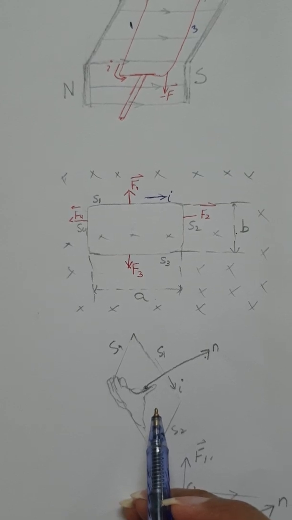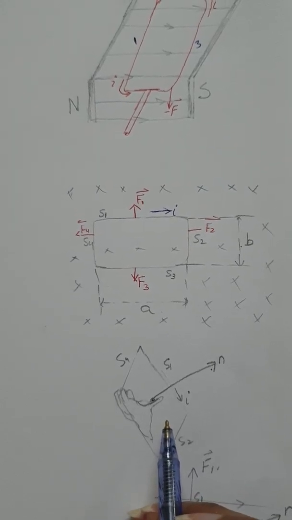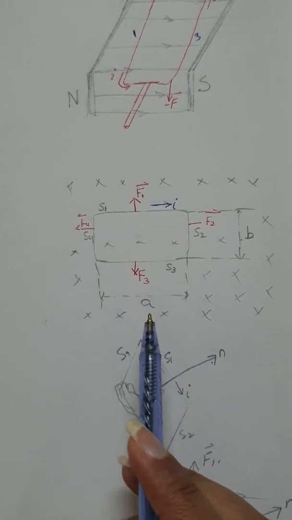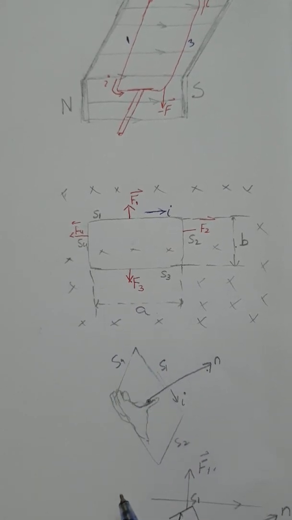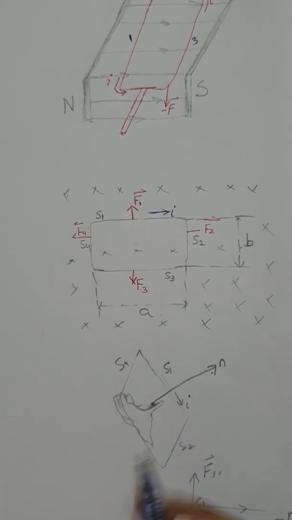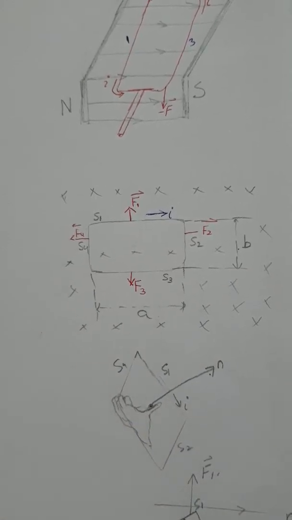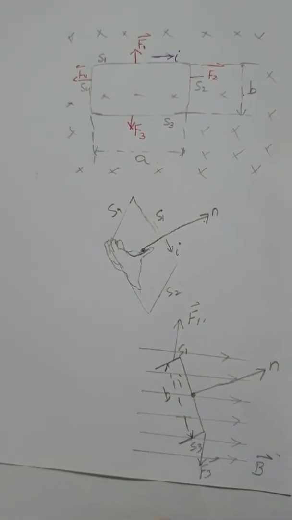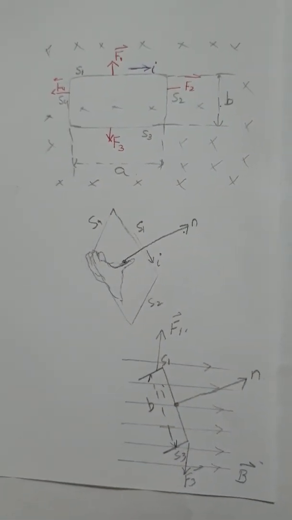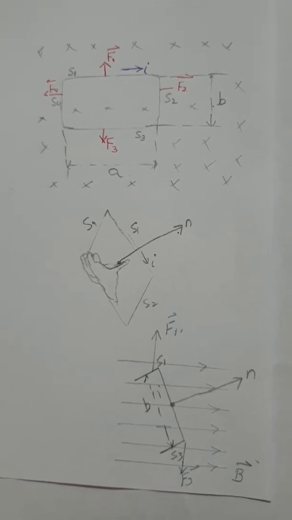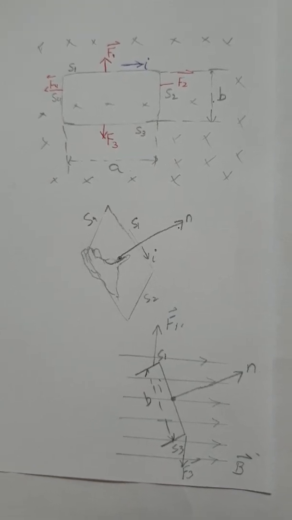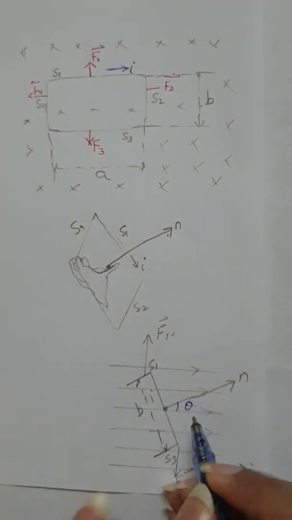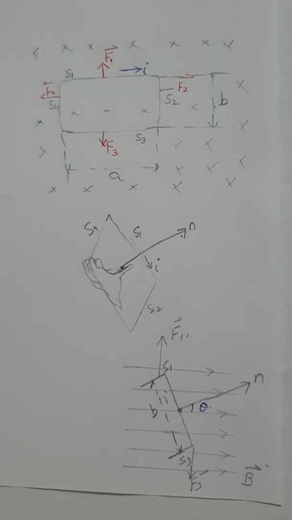Just curl the fingers of your right hand in the direction of the current at any point in the loop, and your extended thumb points in the direction of the normal vector. Then the normal vector of the loop is shown at some arbitrary angle theta to the direction of the magnetic field B.